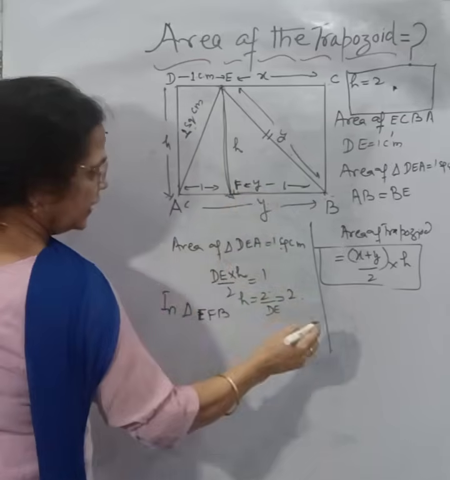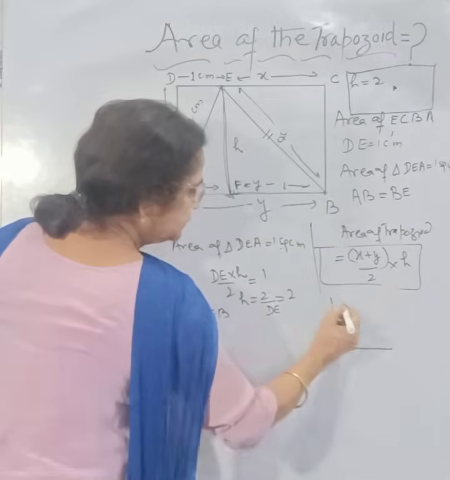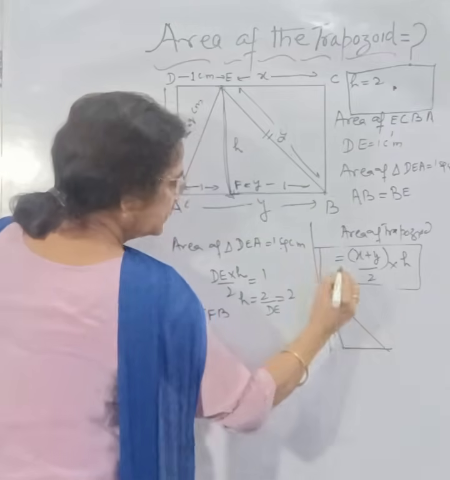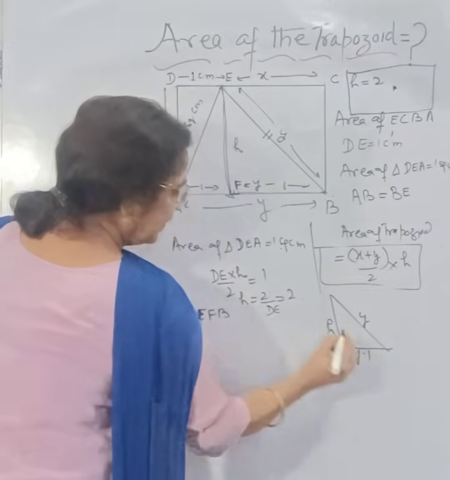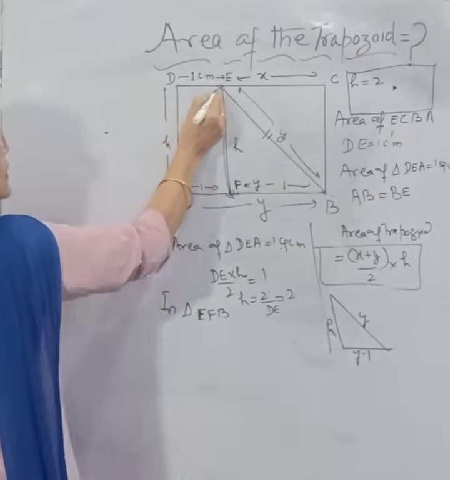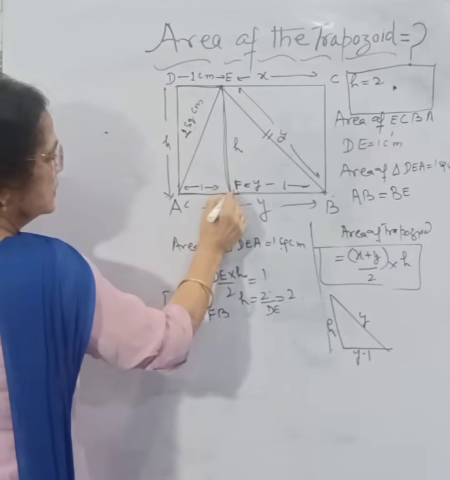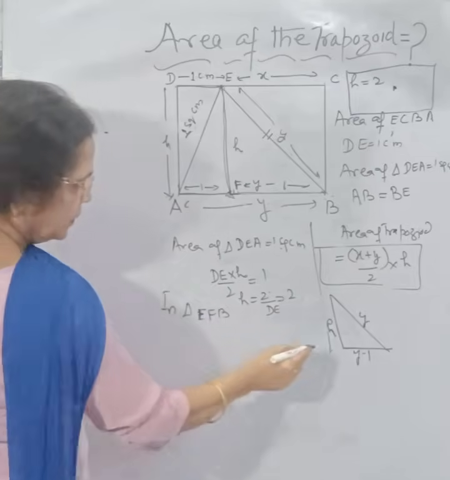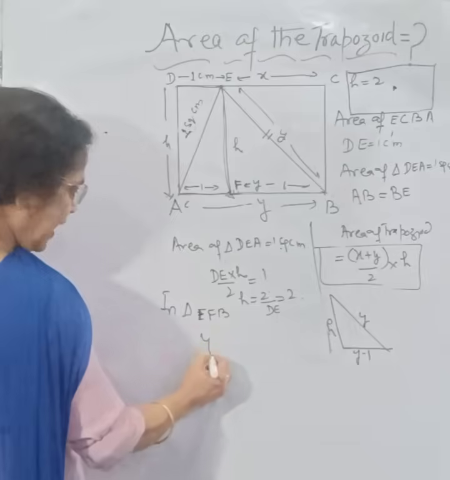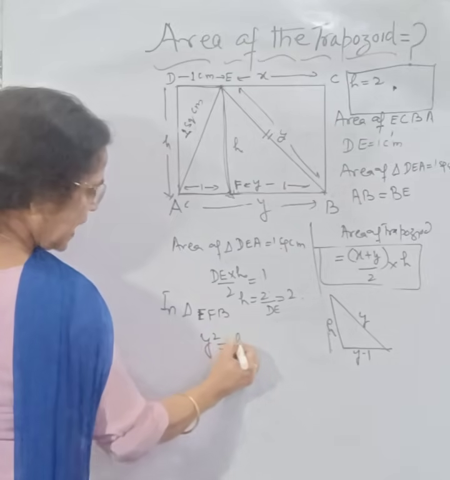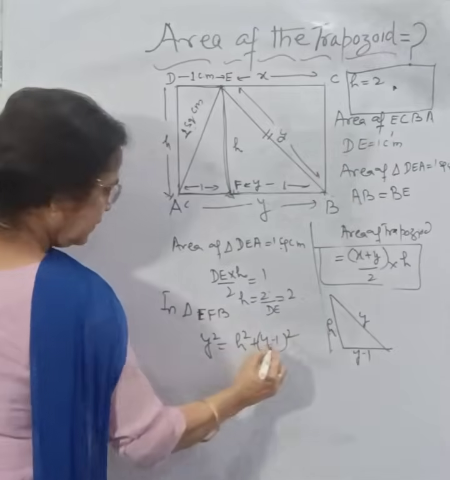In this triangle, this is H, this is Y, and this is FB is equal to Y minus 1, because 1 is subtracted from Y. So Y square is equal to H square plus Y minus 1 whole square.